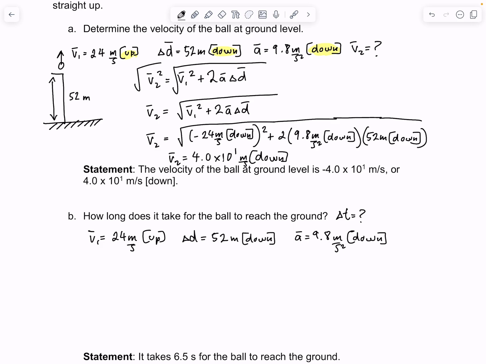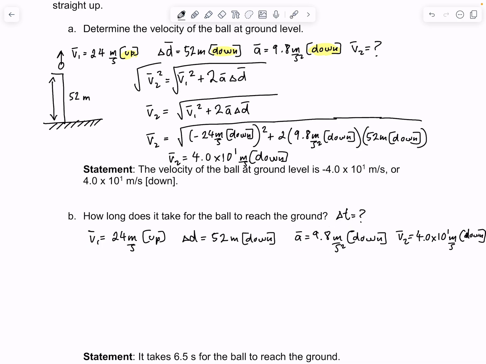And we found our final velocity is 4.0 times 10 to the power of 1 meters per second down. Once again, we're in a situation where we have every single possible variable. So we can use any equation that includes time to find the time it takes to reach the ground.